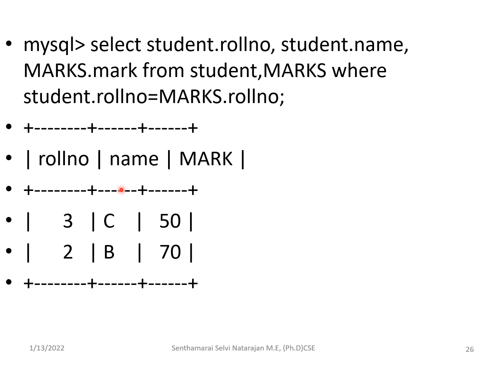In the first table you have the roll numbers 1, 2 and 3. In the second table you have the roll numbers 2, 3, 4. So 3 and 2 are the common ones. So roll numbers 3 and 2 are taken, and based on that I am going to select the roll number, student name as well as the mark from the second table. So the mark is also given. So this is the result of the equi-join concept.